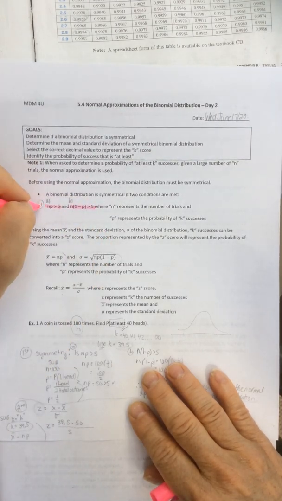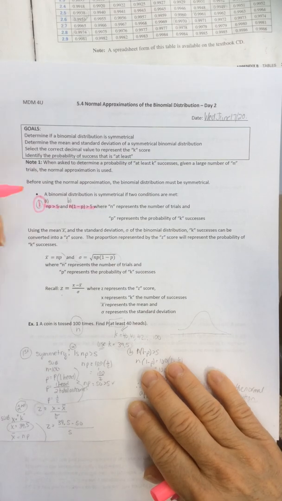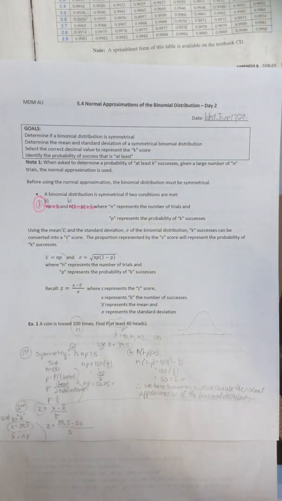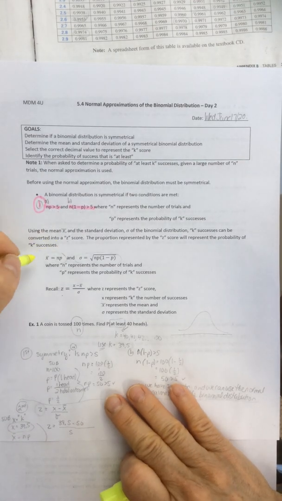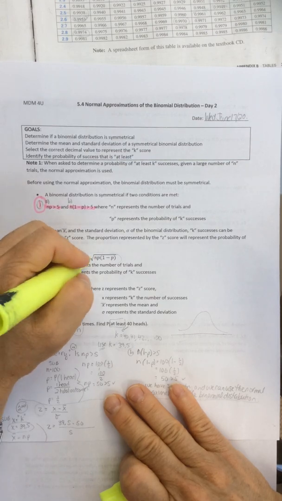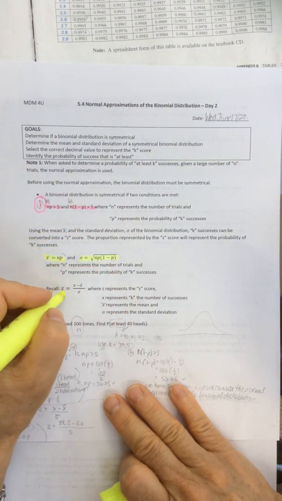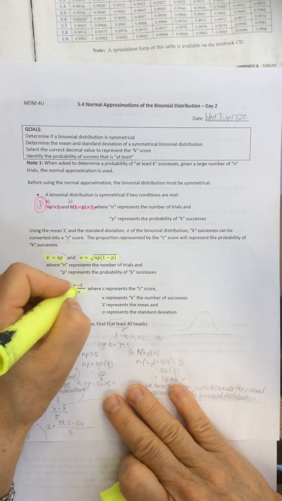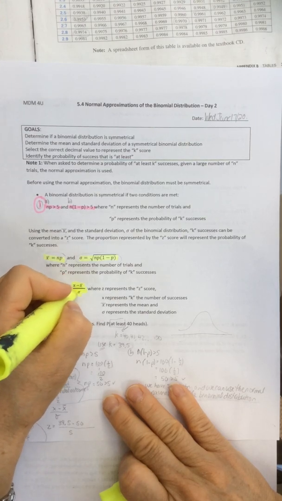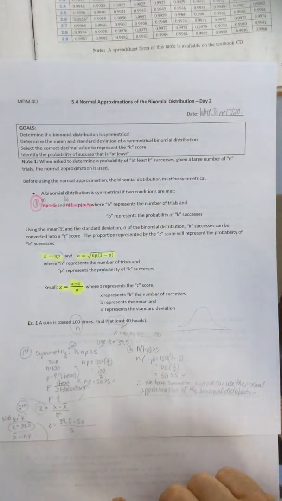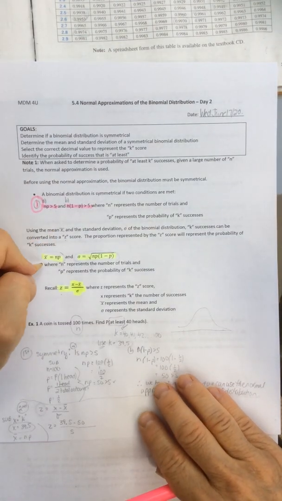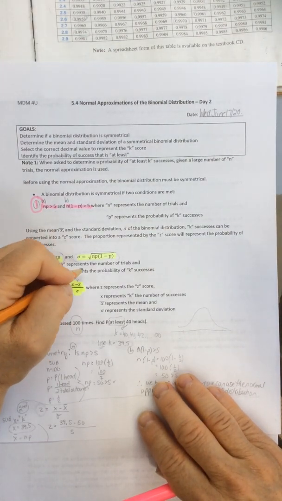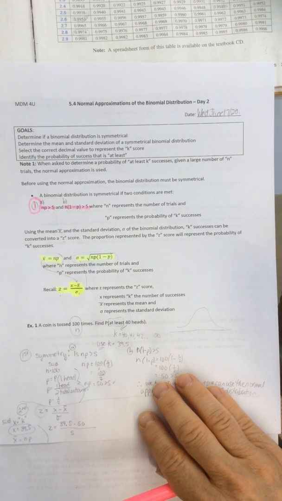So that's step 1, and then step 2, where x is this, and sigma is that.